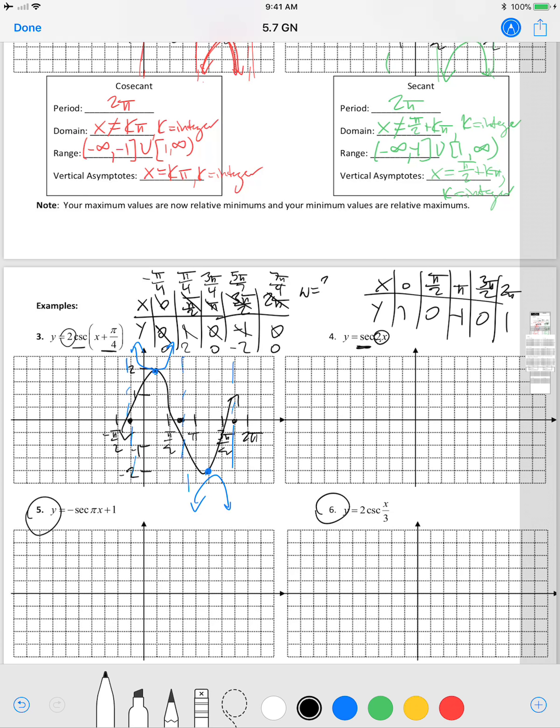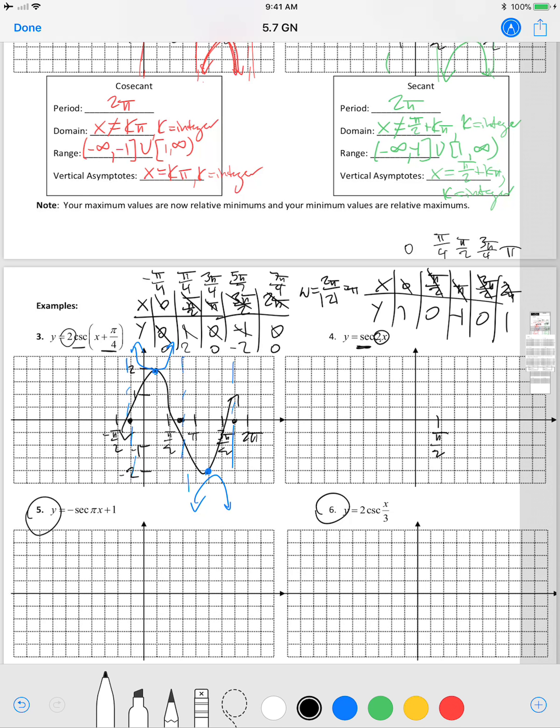The period is 2 pi over the absolute value of b, which is pi. So my new x values, I'm going from 0 to pi, and that means I'm counting by pi over 4s. My y values stay the same, so let's graph that.